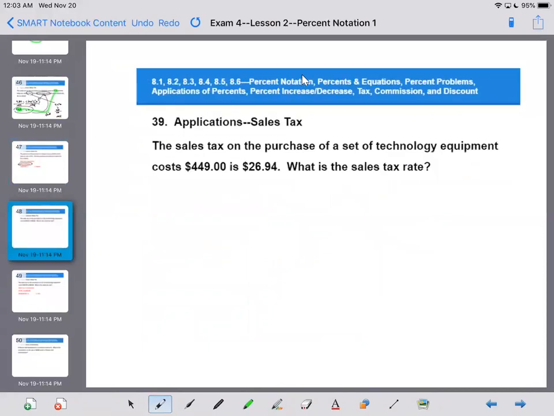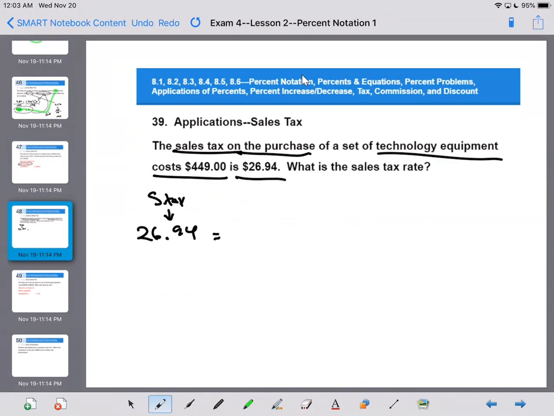Again, here's sales tax on a purchased set of equipment. Sorry, I wrote that incorrectly. The sales tax on the purchase of technology equipment that costs $449 is $26.94, that's the sales tax.